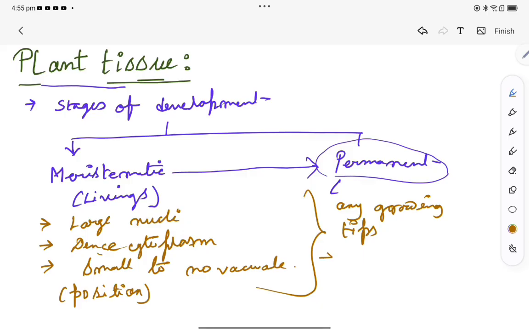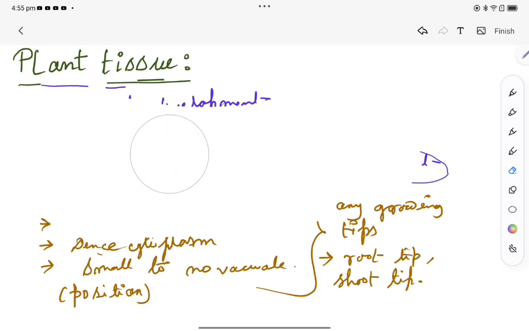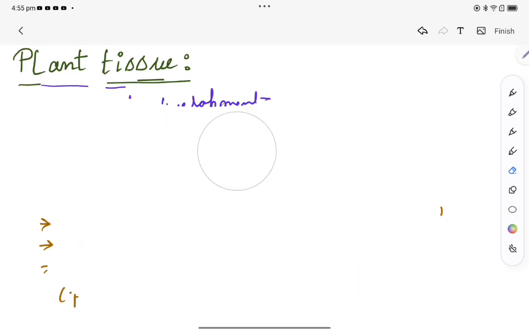It can be a root tip, a shoot tip, leaf tip, etc. Now based on position, meristematic tissues can be differentiated.